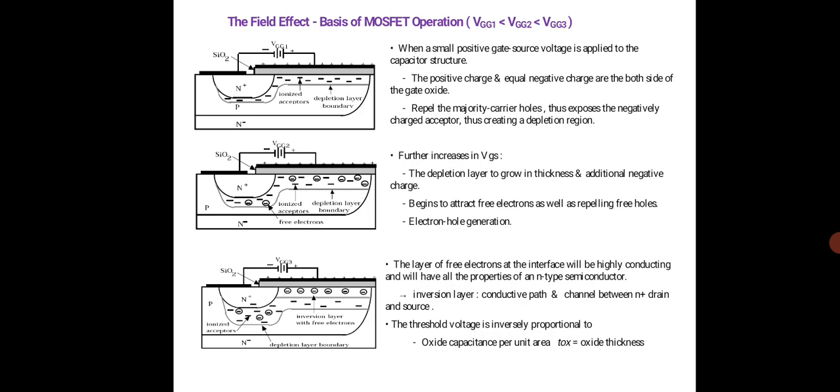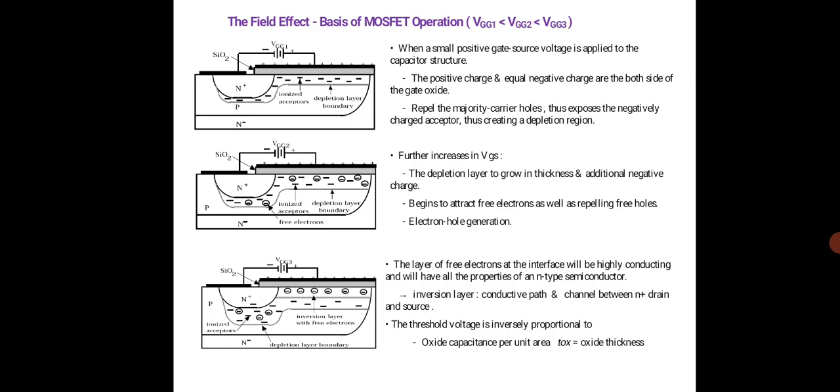When a small positive gate source voltage is applied to the capacitor structure, the positive charge and equal negative charge are on both sides of the gate oxide. It will repel the majority charge carrier holes, thus exposing the negatively charged acceptors, which will create a depletion region.